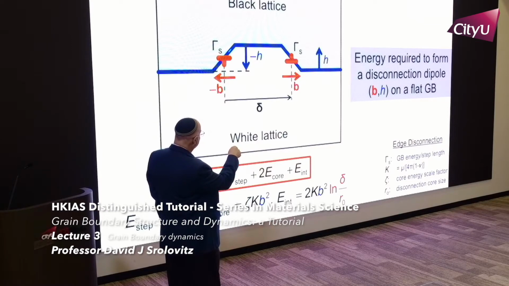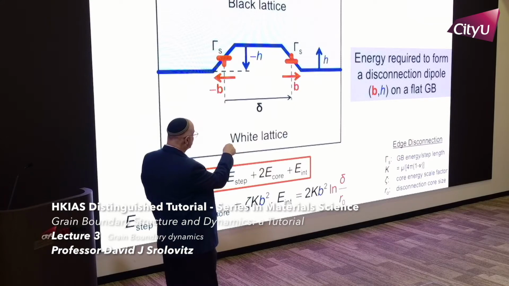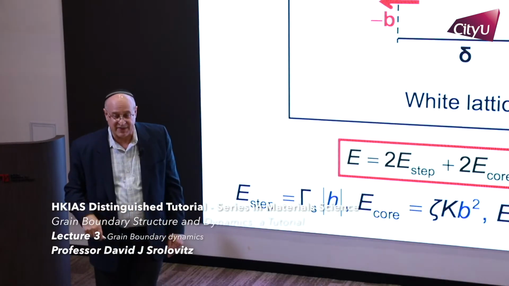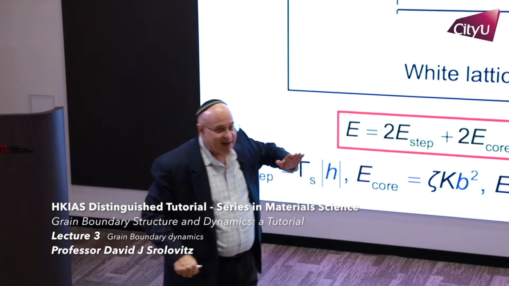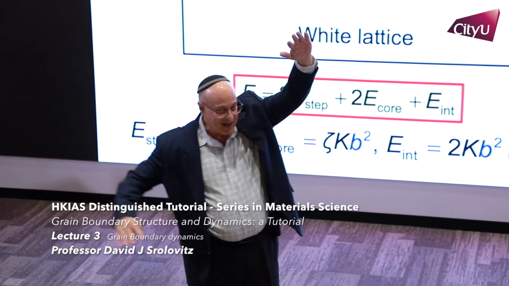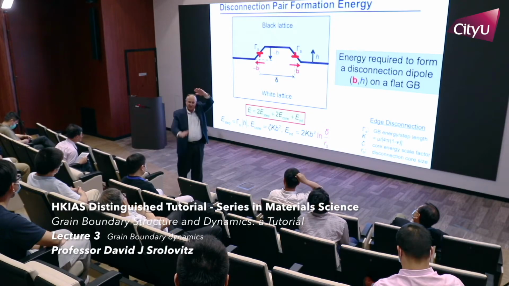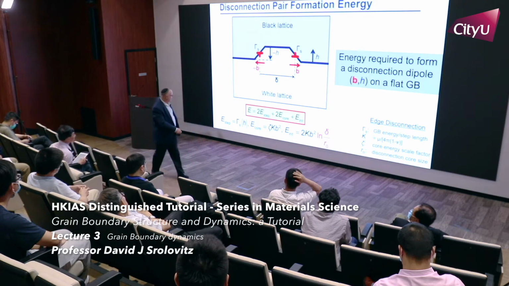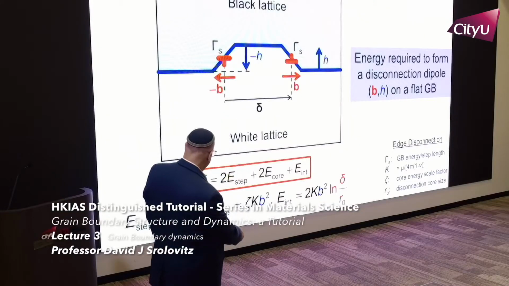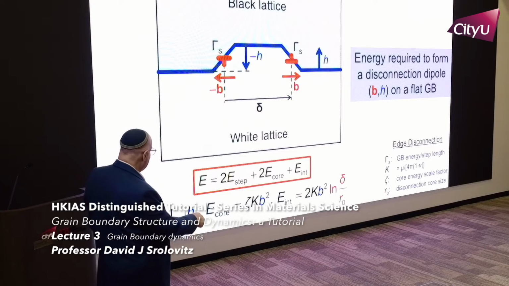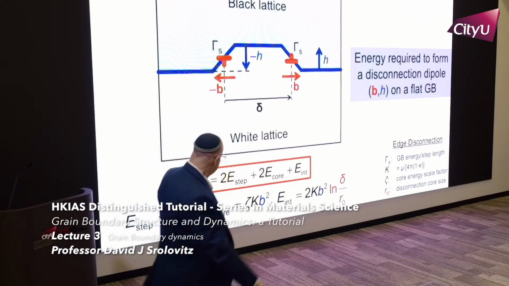And it depends on what this grain boundary energy per unit area is of that part, which is the step. So imagine this is a macroscopic step. This would be the grain boundary energy of that facet. Okay? So it's proportional to the step height. And there's two of them because I step up and I step down.